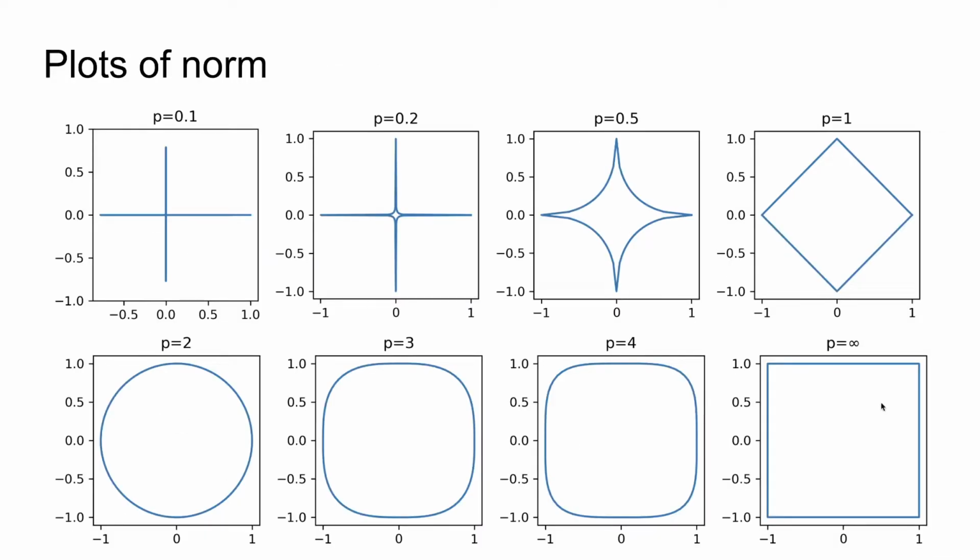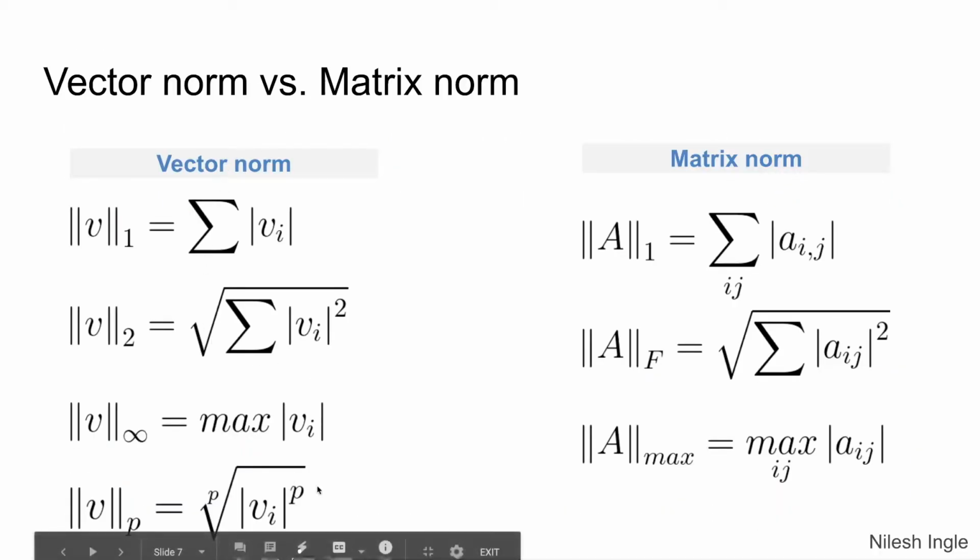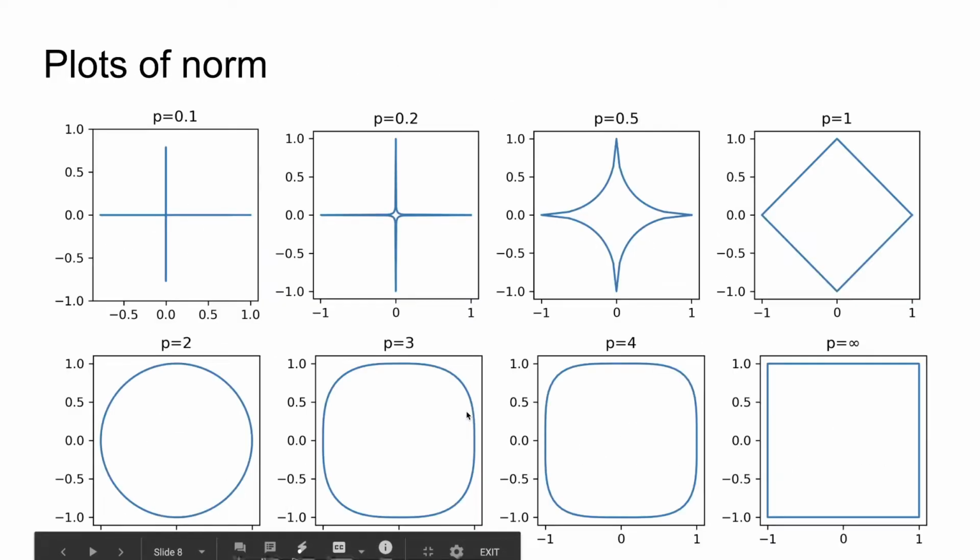Now, if we plot the contours for norms using this P notation, then we can come up with these plots. Here, this is a P value of 0.1, then 0.2, 0.5, and then the 1 norm. So this is 1 where we can see a rotated square. The 2 norm is the circle. And then we have the infinity norm, which is a square. In coming videos, you'll see that we'll be using the p equal to 1 norm, that's the lasso norm, and p equal to 2, that's the ridge norm.